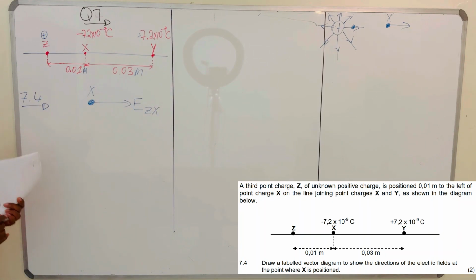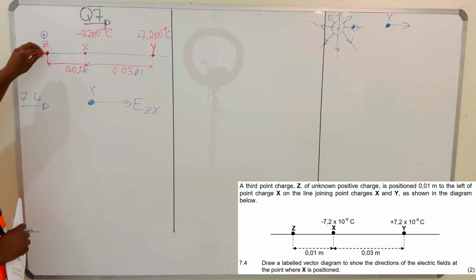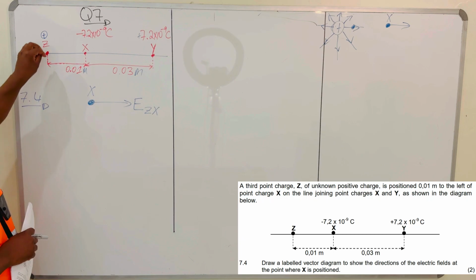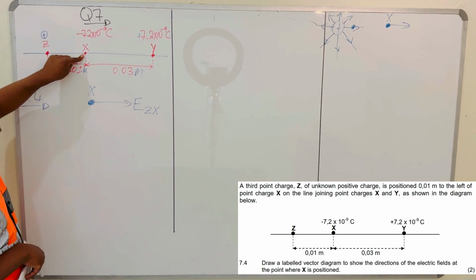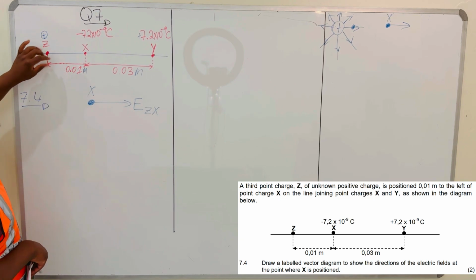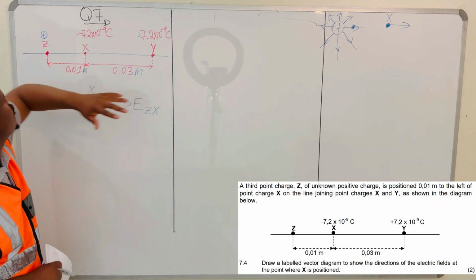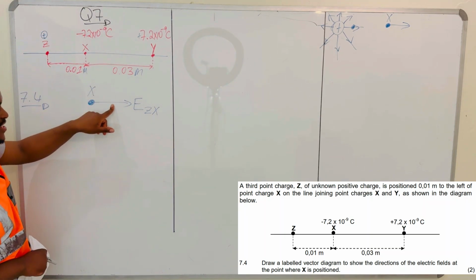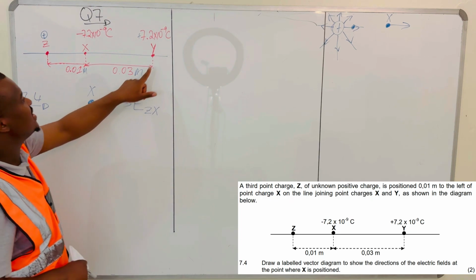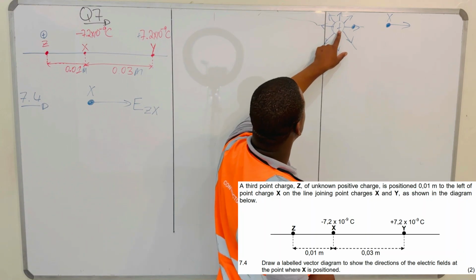This is the electric field of Z on X, because like I said, Z is positive. Again, the field lines go in all directions, so for X, this one will be in that direction.